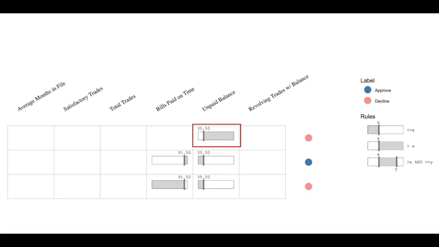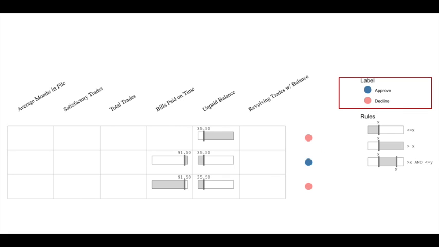When an application comes, if its unpaid balance is bigger than 35.5, then the application is labeled with decline. Otherwise, if an application has a value of bills paid on time larger than 91.5 and an unpaid balance value lower or equal to 35.5, then the assigned label is accept.